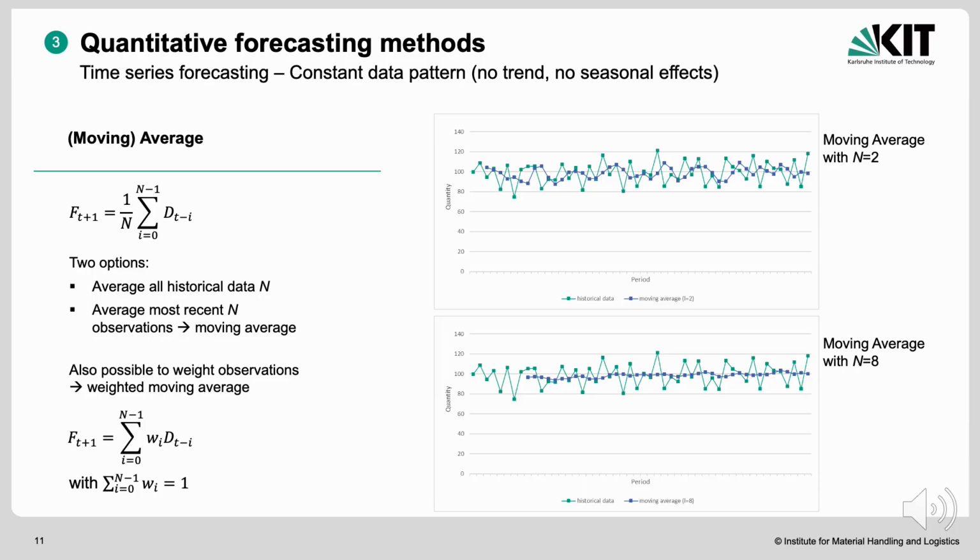You could also try to give a weight to the observations, for instance, assuming that the more recent data is much more significant than older data. In this case, we would give a weight w_i to the data, where the sum of the weights, of course, should be 1 in order to not disturb the total weight.